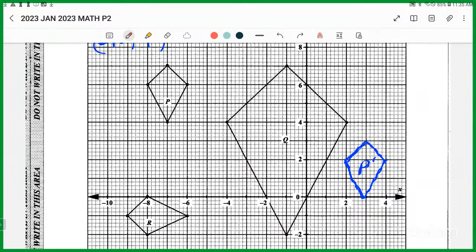Now, I can know it's a rotation because this piece that was vertically pointing down this way is now pointing this way. So it has turned around by 90 degrees because what was vertical is now horizontal.